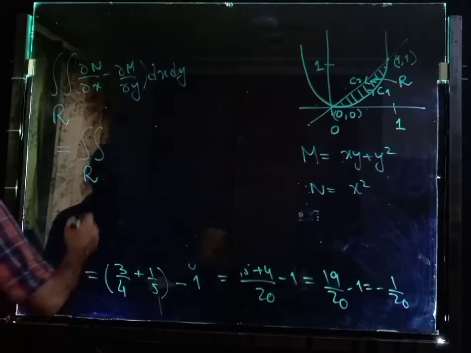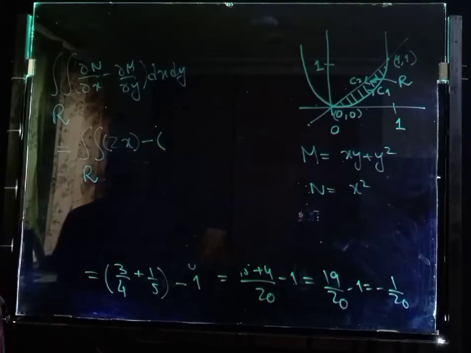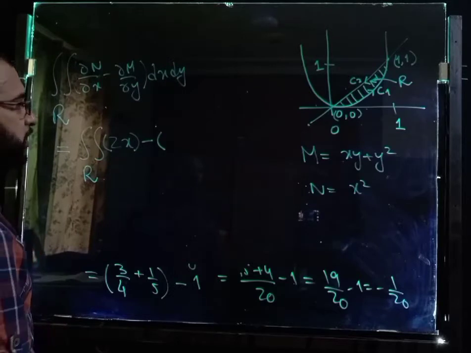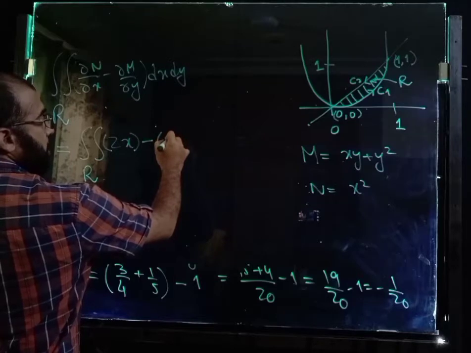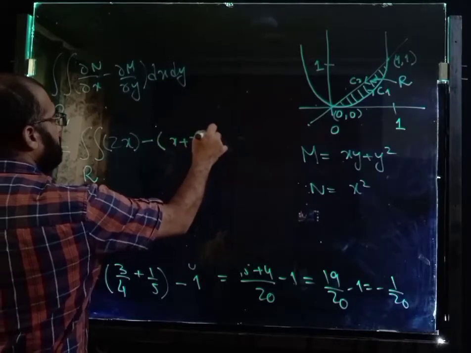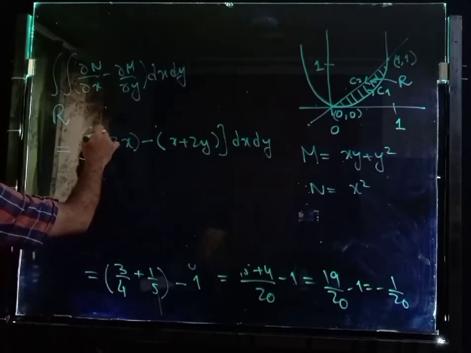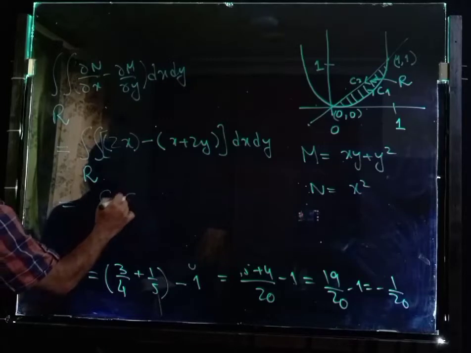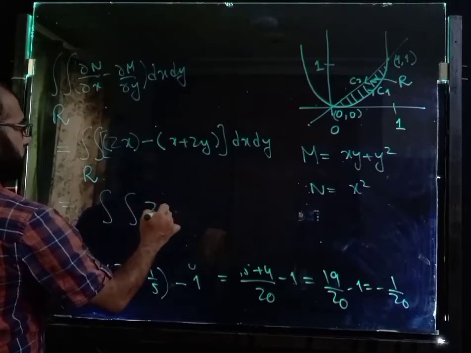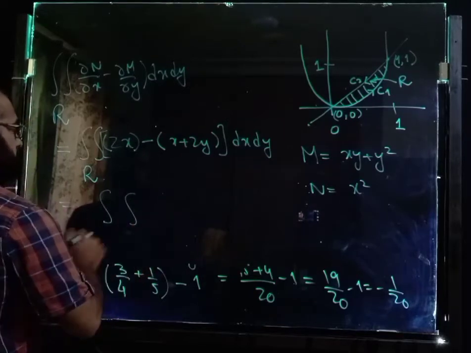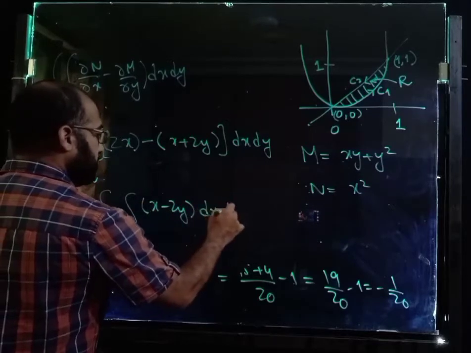So the partial derivative of N with respect to x is 2x, and the derivative of M with respect to y is x plus 2y, dx dy. So the question arises here, what would be the limit for the closed region R? 2x minus x minus 2y, dx dy.